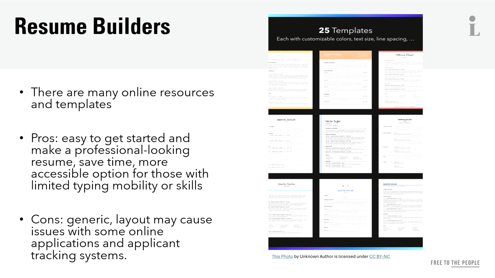But they also come with some downsides to keep in mind. Many templates can be a bit generic. Some layouts include columns, graphs, and tables, which, as we mentioned earlier, can confuse the applicant tracking system and prevent your resume from being read correctly. And some builders make it hard to customize or tweak formatting if you want to tailor your resume more specifically.